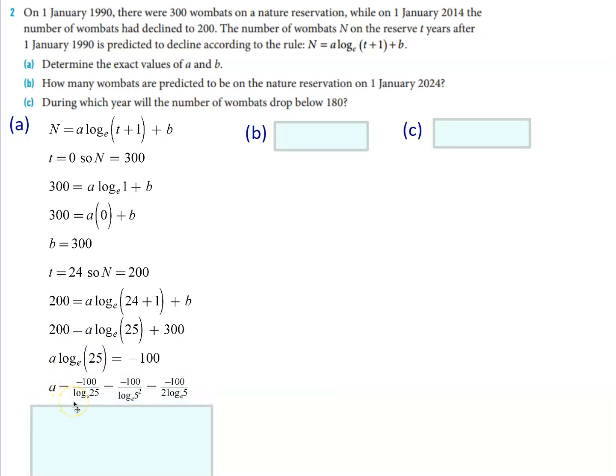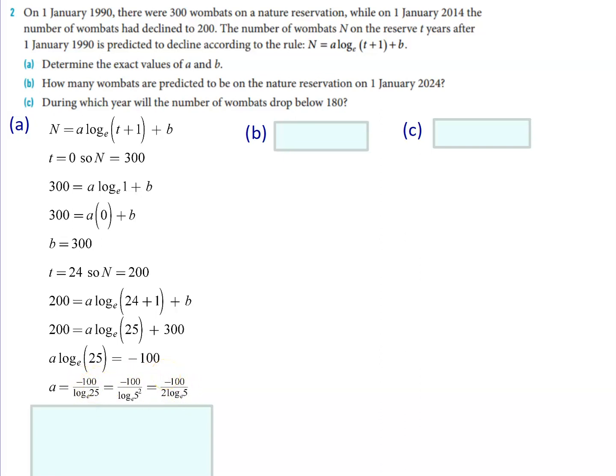Now I divided both sides by log to the base e of 25. And to get the same answer as they had in the textbook, I ended up with this to start with, which is fine. But then I said, well, I can write 25 as 5 squared. And then I took that 2 out the front, which gives me this. So that answer is okay.